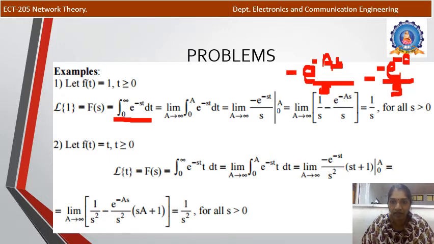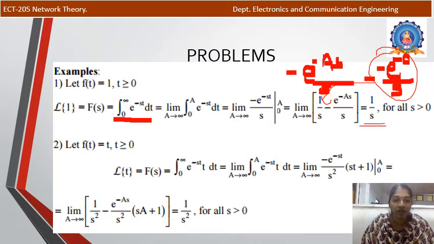This term will be e raised to minus as, and this will be minus of minus, so it will be plus, and e raised to minus 0 will be 1, so 1 by s. This term will be e raised to minus as by s, which goes to 0, so that is equal to 1 by s. So the Laplace transform of 1 is 1 by s.